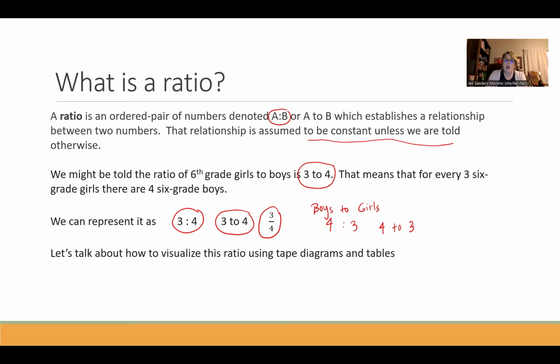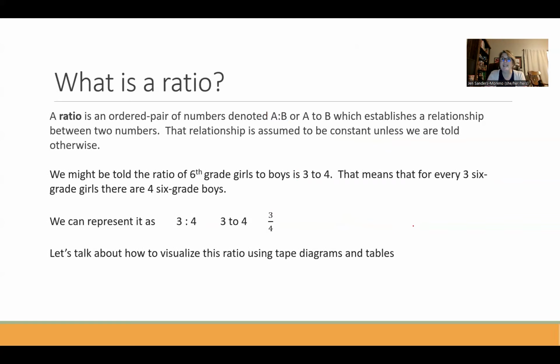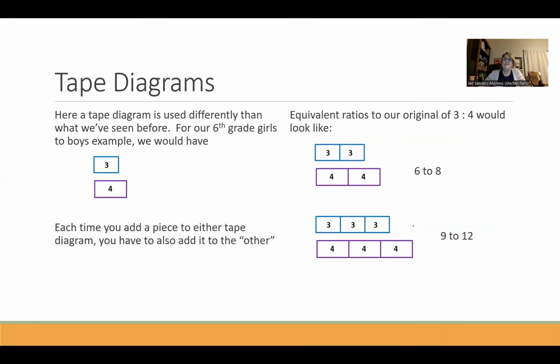Okay. Now, let's talk about how to visualize this ratio, and we're going to start off first with tape diagrams. Now, we're going to do tape diagrams a little bit differently for 6th grade. So you can see right here, they even look a little bit different because typically if we were to draw a tape diagram of 3, we'd actually have 3 little boxes, right?